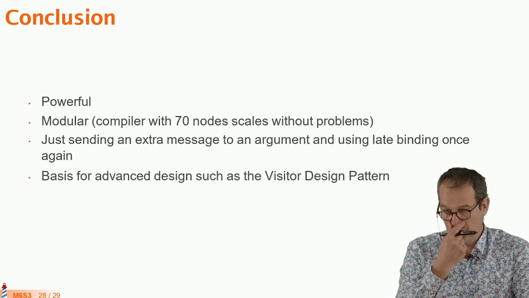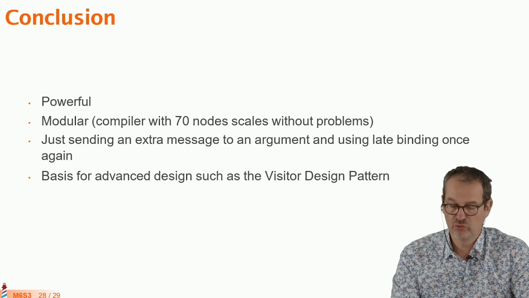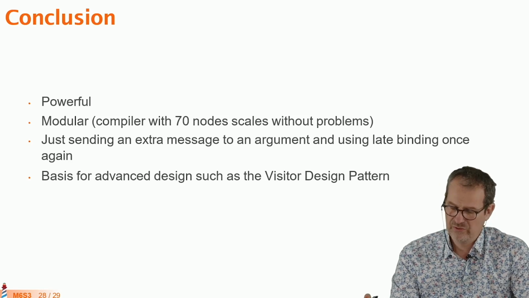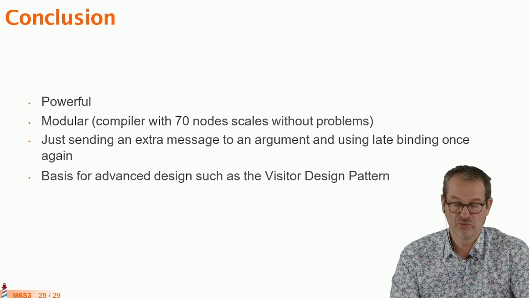So as a conclusion, double dispatch can sometimes be difficult to grasp. You have to try to do it, to follow what happens, do the exercise, but this is really powerful. Sometimes you don't want to use it too much because it can be confusing, but you have certain cases like, for example, compilers or documents, or when you have a composite structure, you will see the composite pattern soon.